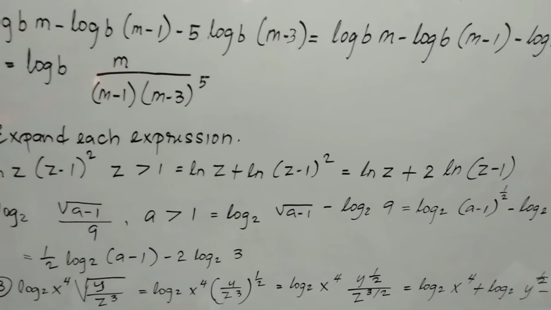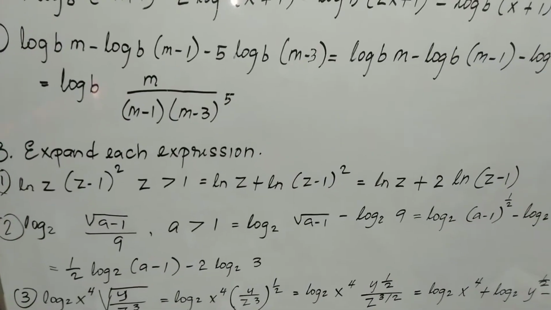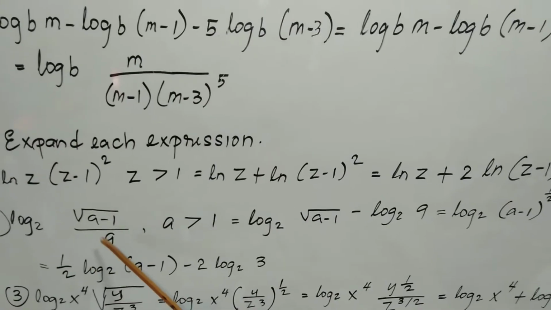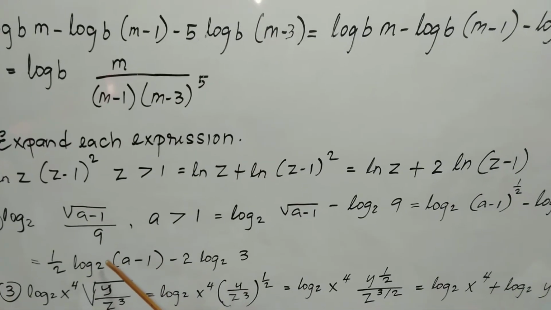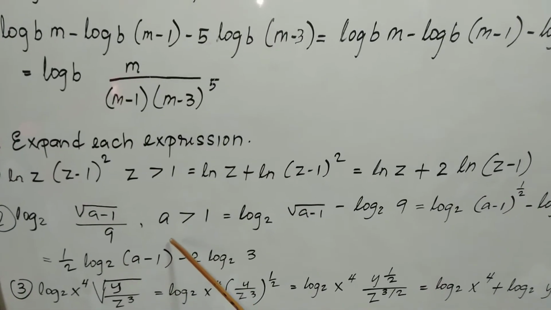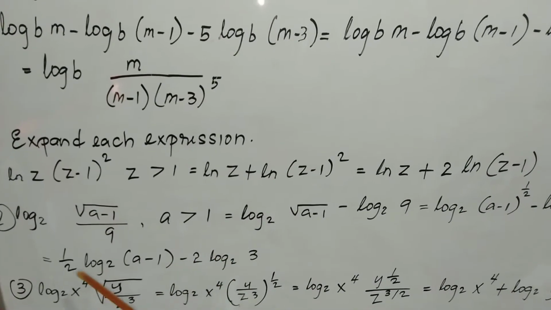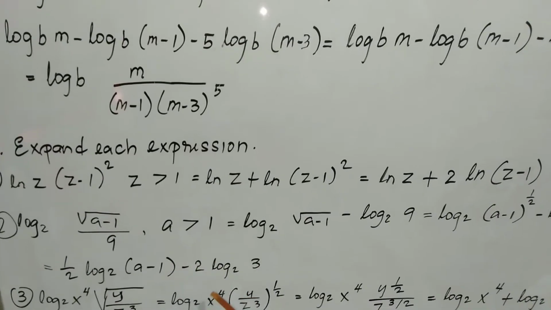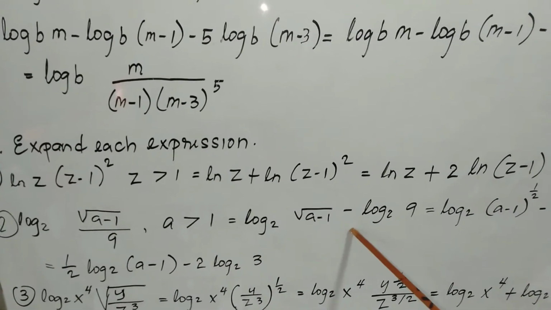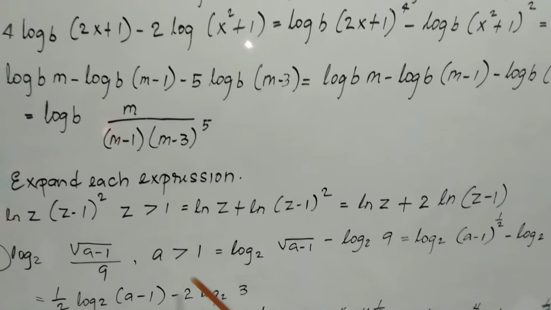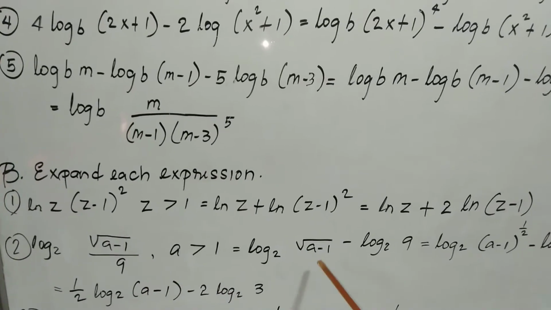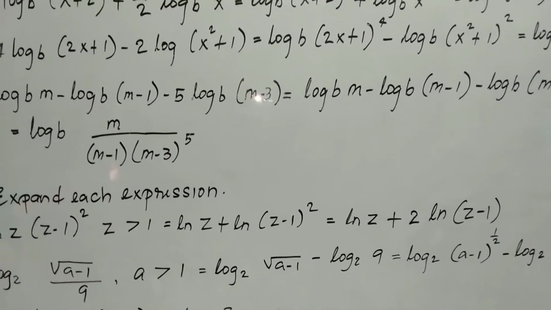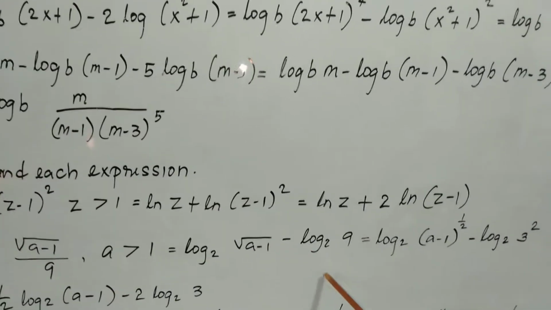For number 2, we are given logarithm base 2 of this quotient, square root of a minus 1 over 9, where a should be greater than 1 since we don't have the square root of negative numbers. So this one we just expand. This becomes negative in sign: logarithm base 2 of the square root of a minus 1 minus logarithm base 2 of 9.